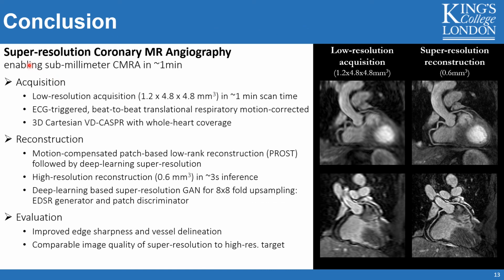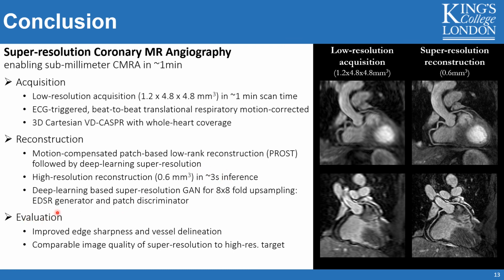Overall, I showed you our proposed approach of a super resolution CMRA, which enables sub-millimeter reconstruction of a CMRA acquisition of around 1 minute. On the acquisition side, we utilized our previously proposed approach with a 3D Cartesian variable density CASPR sampling, acquiring low resolution data in around 1 minute, which gets then reconstructed by a motion compensated reconstruction, followed by our proposed deep learning based super resolution, which performs the 8x8-fold upsampling to the high resolution target in around 3 seconds.